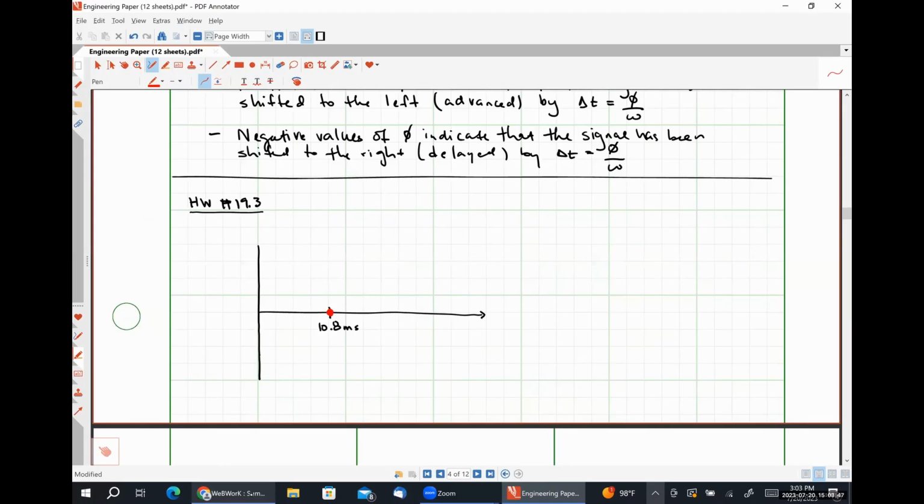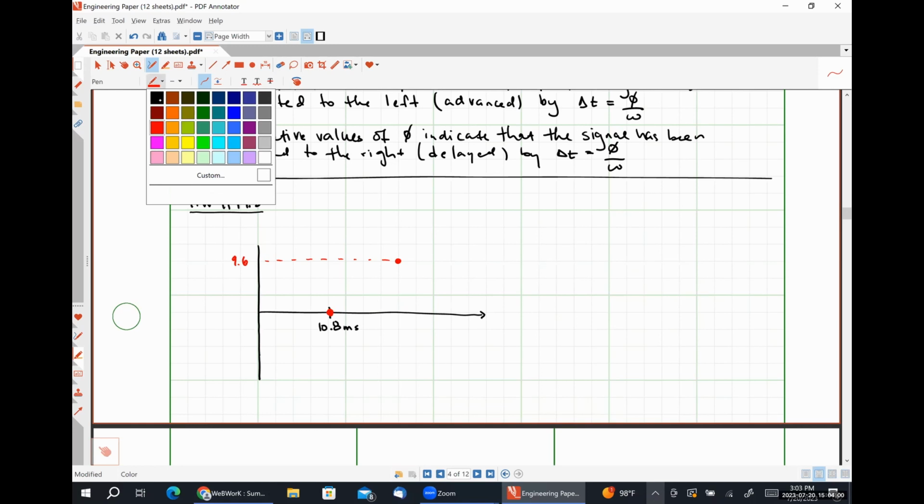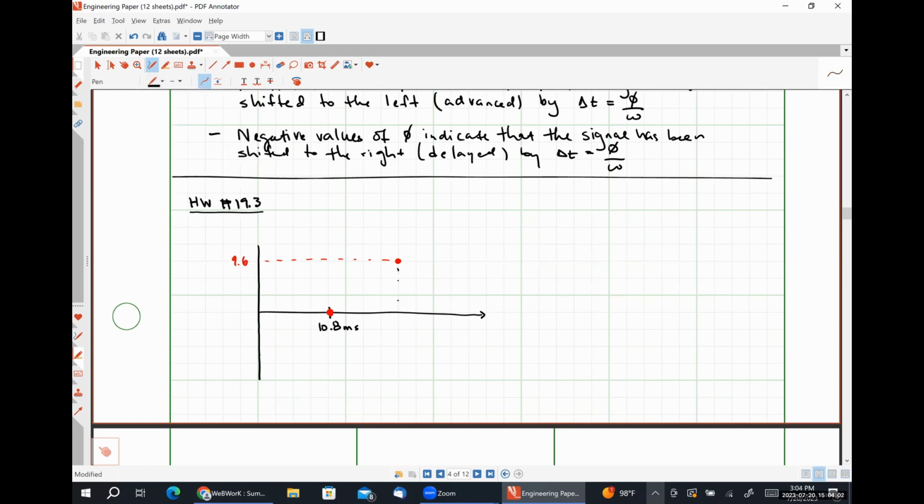So I'm going to put the maximum value here, 9.6, and it occurs at a time of 22.1 milliseconds.